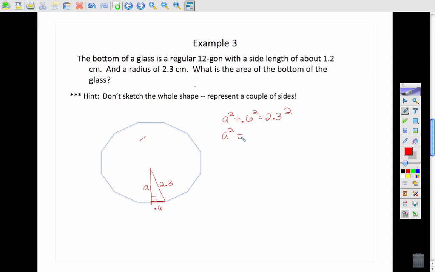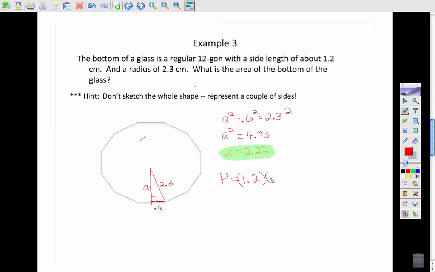And if you go ahead and calculate that out, we get a squared is equal to 4.93. And a is equal to 2.22. Okay, we just took the square root in order to find that. Alright, so there's one of our measurements that we need, so we'll mark that we're going to come back to it. Now we need our perimeter.